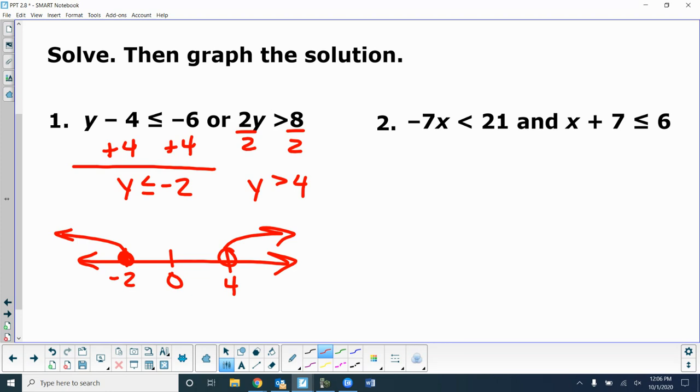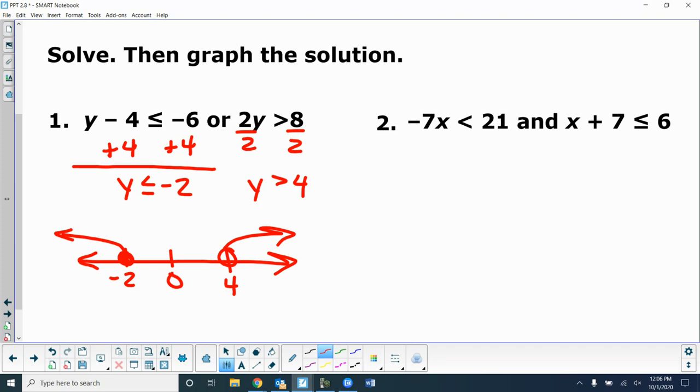So if you have an or and they're going the same direction, it'll be the one farthest left. And then that, if it's going to the right, it would be this one. If they were both going to the left, we'd go from the 4 that way. Yes. Did I answer? Okay.